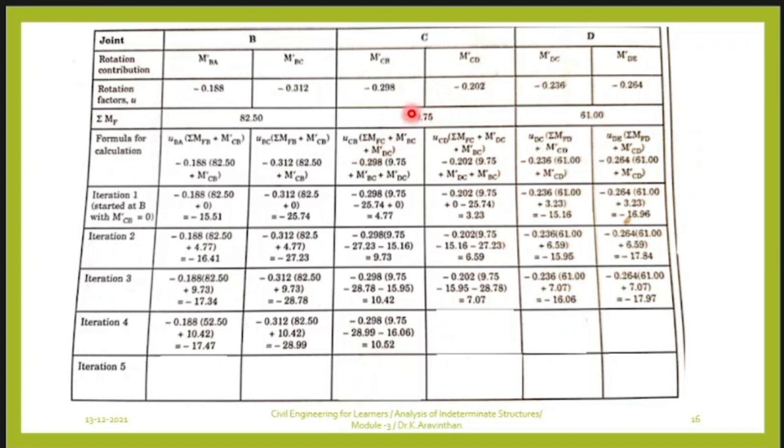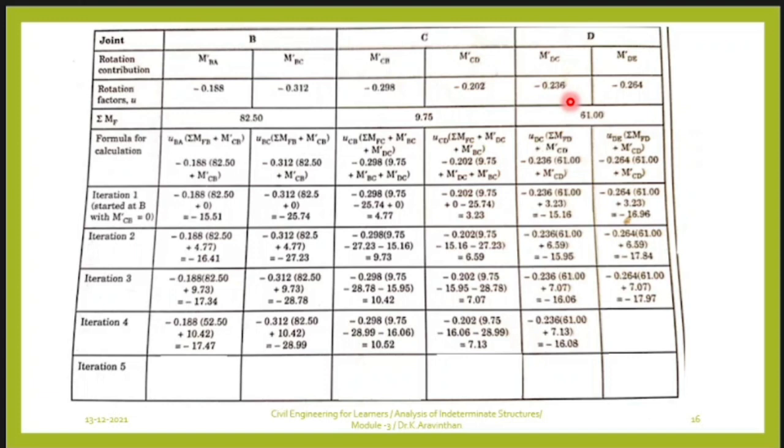MFC is 9.75 and 28.99, which will be M dash BC, and M dash DC will be 16.06 into 0.298, and next value will be 7.13. 16 plus 7.13 into 0.236, 16.08.